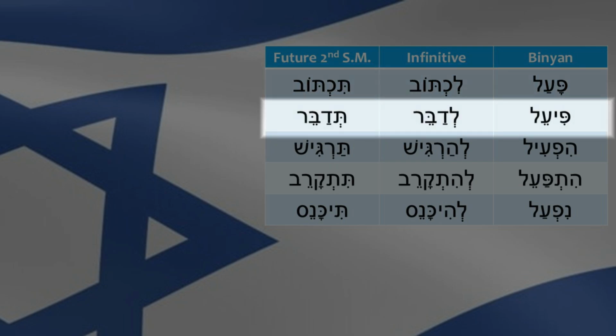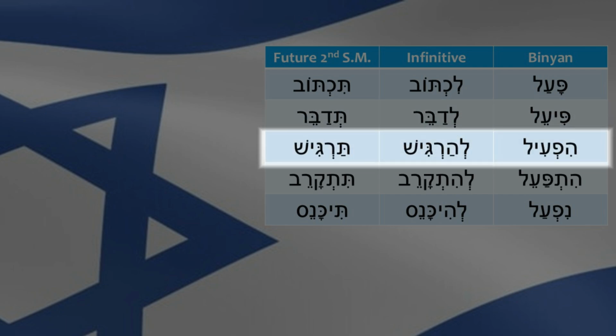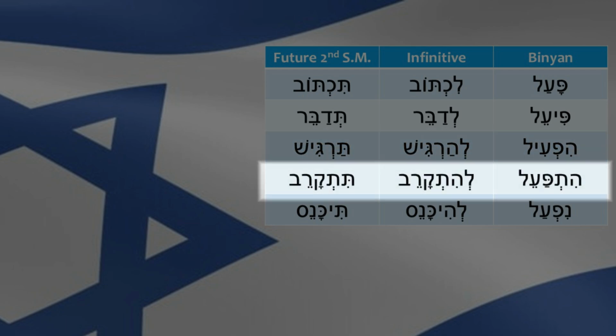Pi'el, let's try ledaber. Future is tedaber, e-a-e. Hif'il, we have lehargish, and the future is targish. We've got an A and an E. Hitpa'el, we've got lehitkarev, and the future is titkarev. It-a-e.